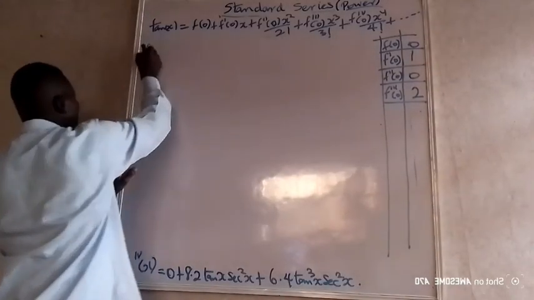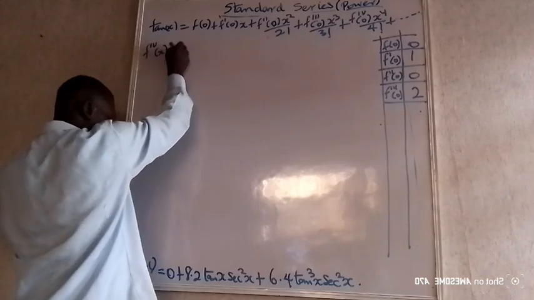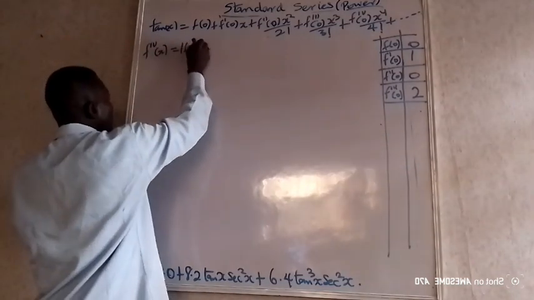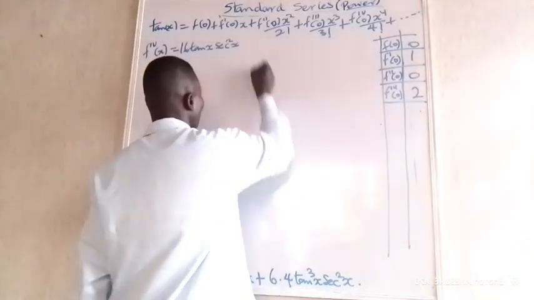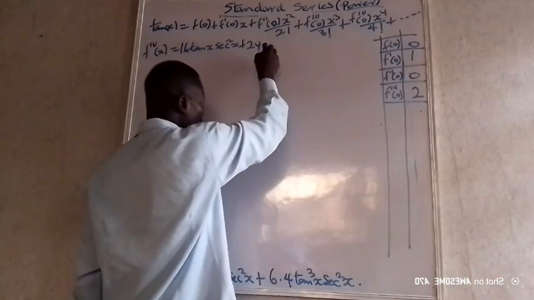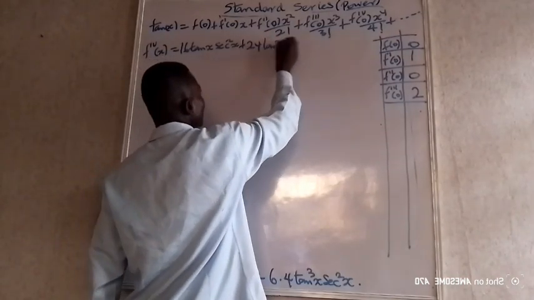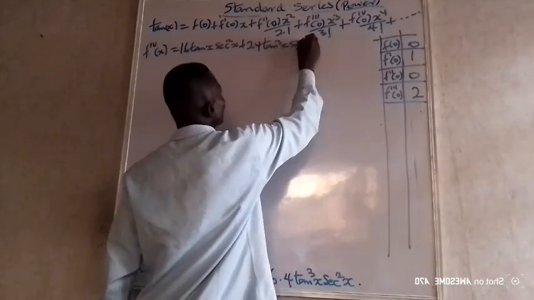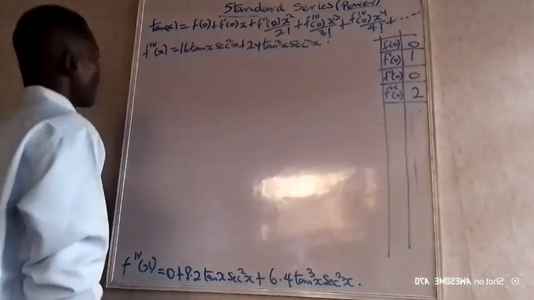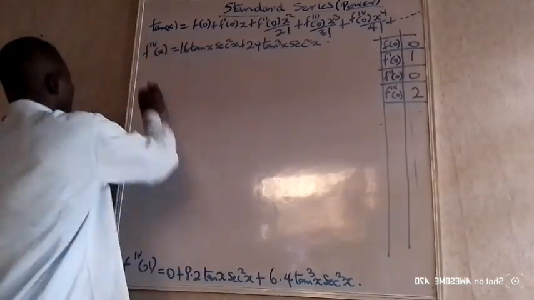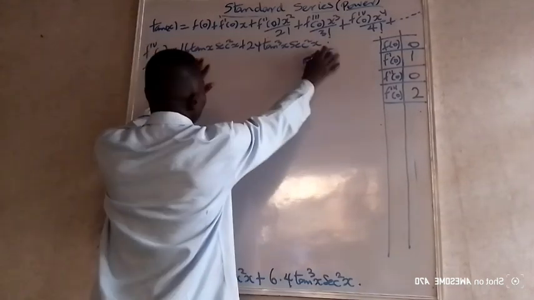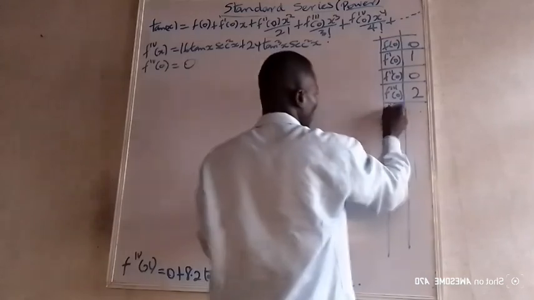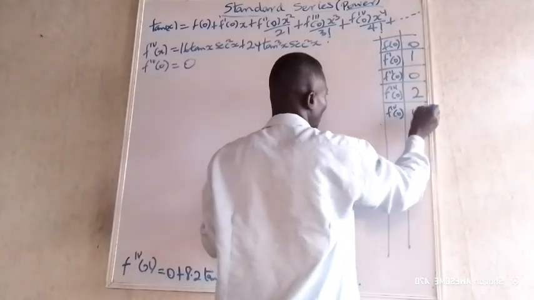So therefore, f4(x) is going to give me 16 times tan x sec squared x plus 24 times tan cubed x sec squared x. And from here, I can easily get my f4(0). Putting 0 here, putting 0 here is going to give me 0. So f4(0) gives me 0.